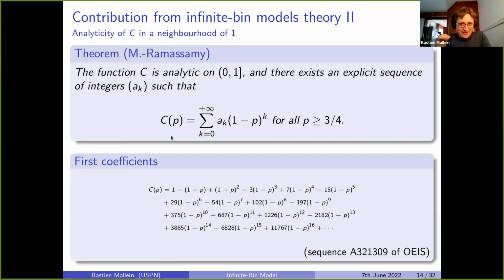We are not sure that it's really an alternating sequence, and we don't really know that the absolute value of i_k is increasing, but we strongly believe both of them are true, and we believe that i_k grows exponentially fast. So the radius of convergence of this series is smaller than 1, but we don't have an exact value for it.